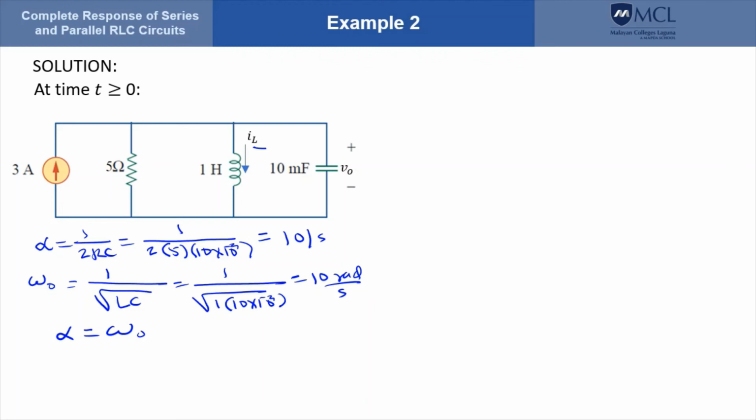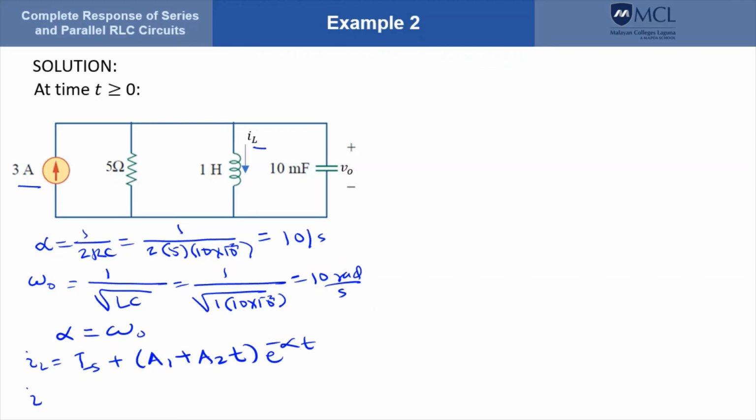So I sub L will be equal to I sub S plus A1 plus A2 t, e to the minus alpha t. I sub S is equal to 3 amps.